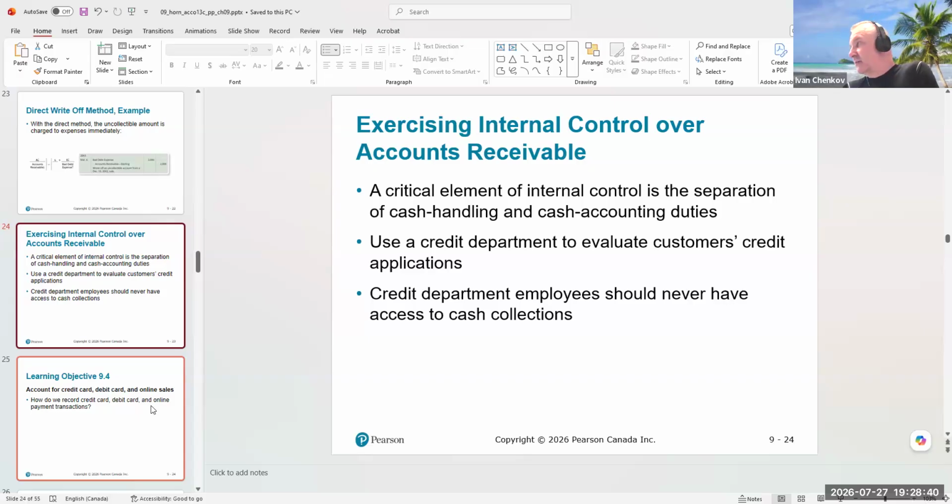Exercising control over accounts receivable would be a situation where the person who receives the checks is not the person doing the general entry. So we can use the credit department. That's a very good idea. However, if there's only one owner without help from anyone, it will be very hard to create a credit department in the company, which is expected to deal with credit applications from customers and all those things.